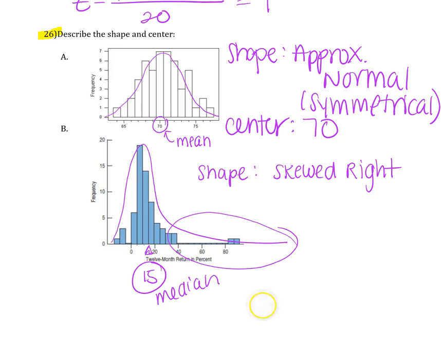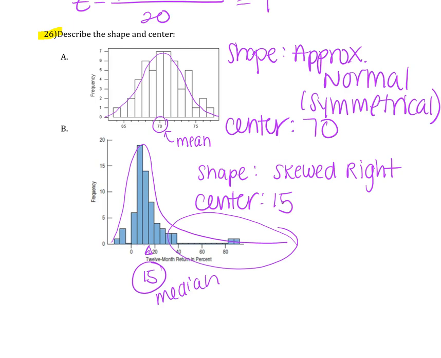The mean would actually be somewhere in here, okay, because these data values to the right of it would be pulling the mean into the tail, and that's why we call it skewed right. But the center of our distribution, the balancing point of it, we'll say is about 15, and technically that's the median.